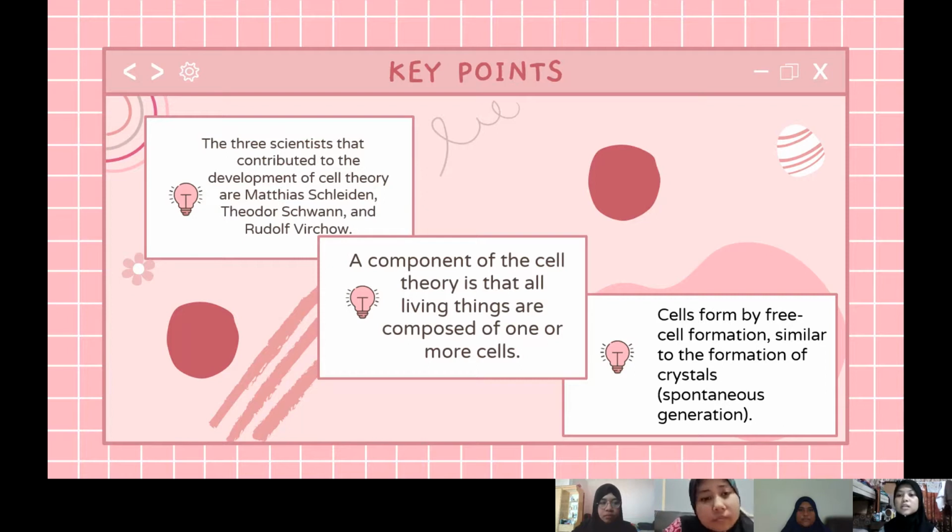And the third is that cells are formed by free cell formation, similar to the formation of a crystal, or spontaneous generation. The second key point of the cell theory is that all living things are composed of one or more cells.